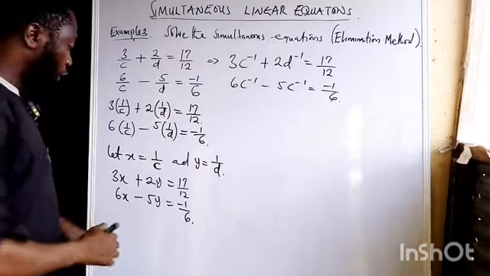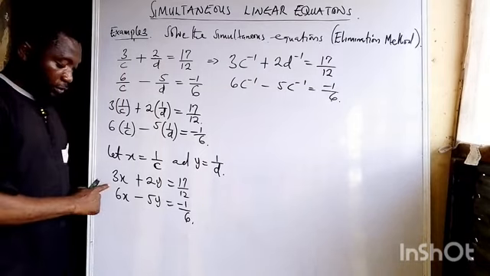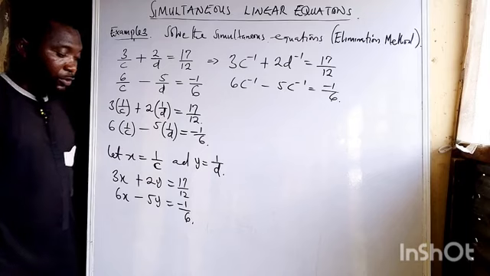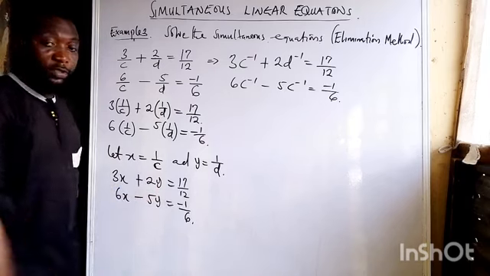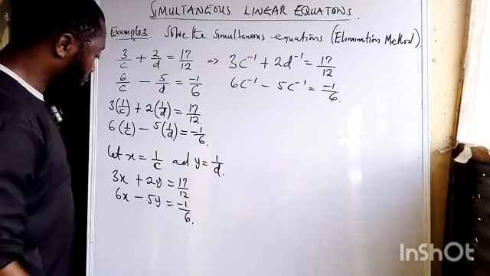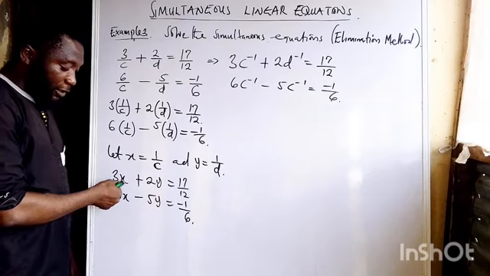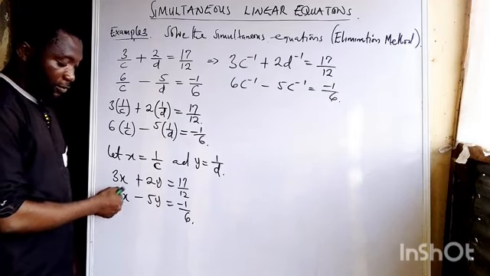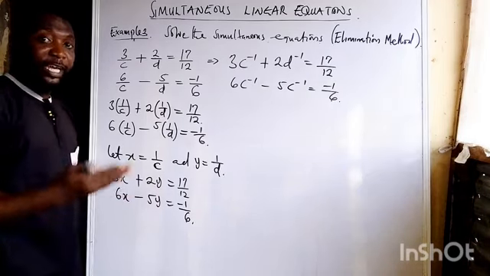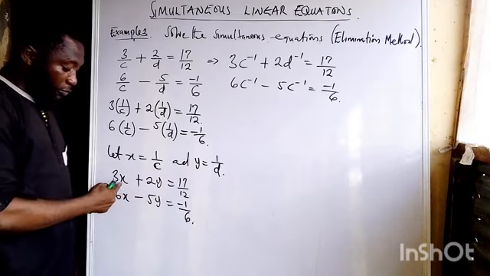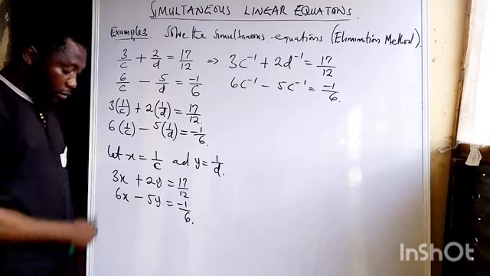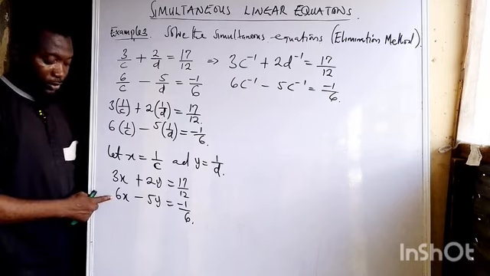Now, to solve this using elimination method, we may not need to bother ourselves with this fraction, unlike the previous example. So in this case, what we just need to do is ensure that the coefficients of x are the same. Since we want to eliminate x, how do we make these two coefficients equal? This is 3, this is 6.